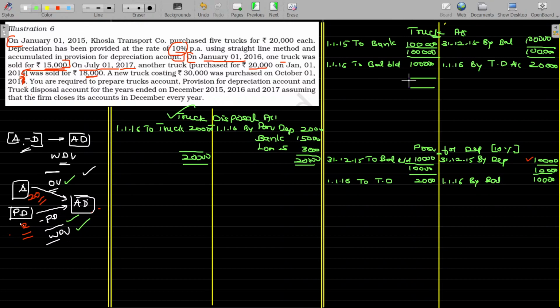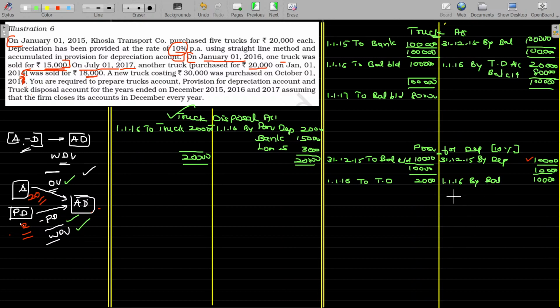Now the balance of this one is 1 lakh. 20,000 worth of assets sold. Now 80,000 rupees worth of 4 trucks is still pending. That is called balance carried on. Transfer here, 1/1/17, to balance brought down, 80,000 rupees.